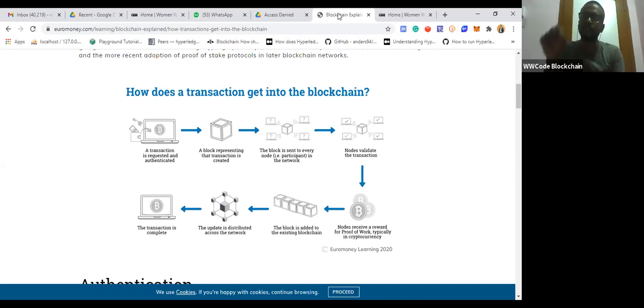Whoever first solves the puzzle wins. The puzzle is very hard, so miners need capable, big systems to calculate quickly. When one miner finds the solution, the other miners validate whether it is right or wrong. Once everything is validated, the transaction is stored in the block.